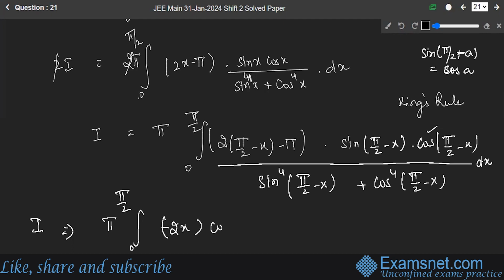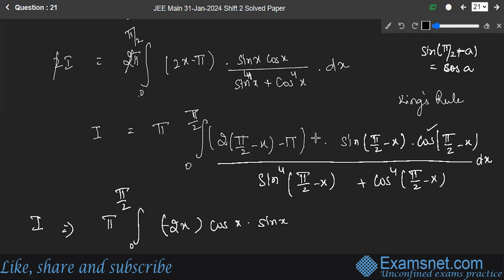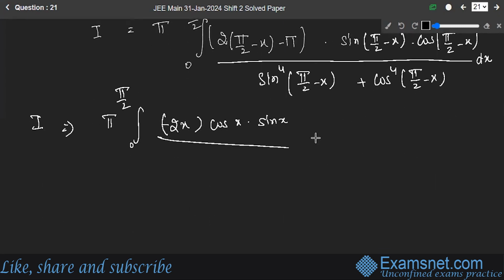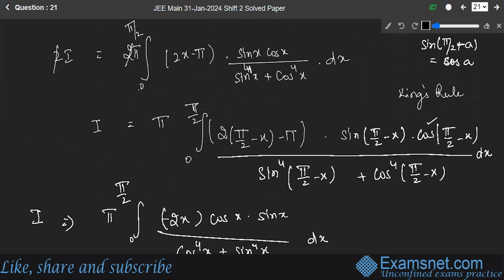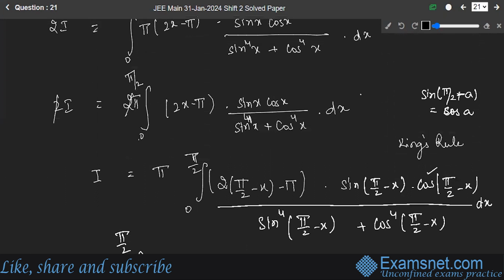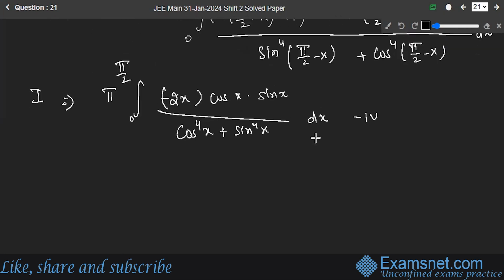Only sine will be changed into cos, and cos will be changed into sine. Divided by cos power 4x, sine power 4x, and dx. All right. Again, I'll be adding both of them before applying the King's rule. Let's say this is equation 3 and this is equation 4.